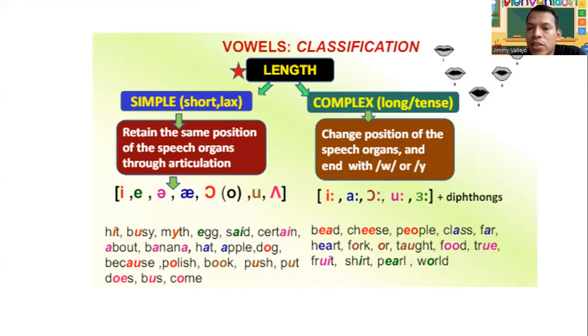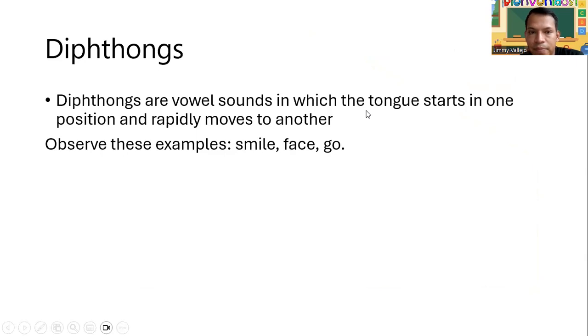The complex length is the composition of the speech organ with N, an N with W or G. We also add the diphthongs to this complex length, like for example: breath, bed, sheets, people, class, for, heart, work, or thought. All these are examples of complex length.